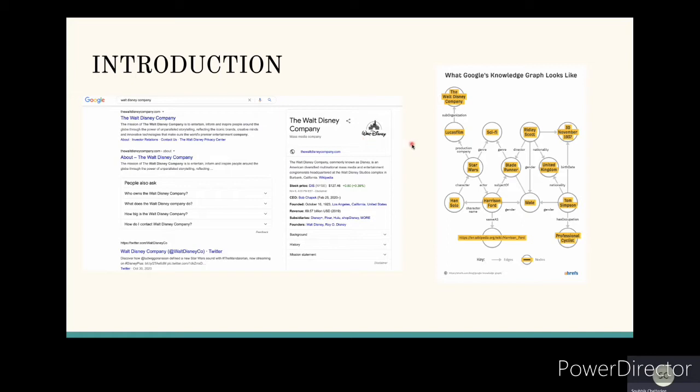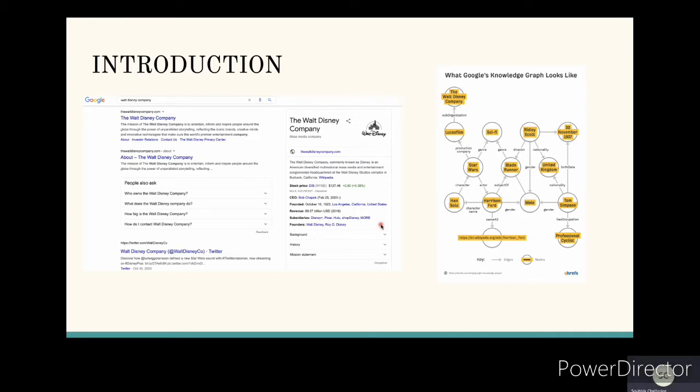It can do that so easily because most of the information in Google is stored in the form of knowledge graphs, which is basically nodes or entities related by some kind of relation. So when a query is made on some node, it knows all the related nodes and it can enlist all the related information.